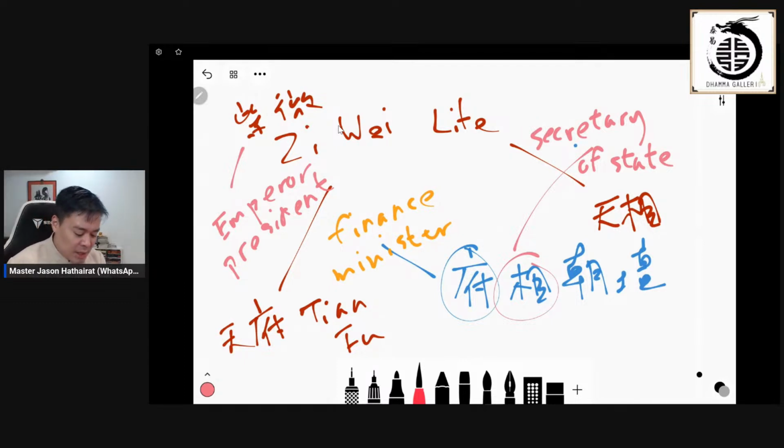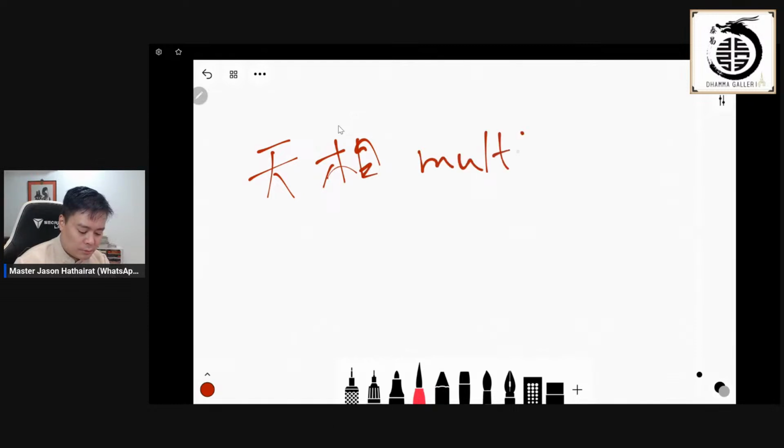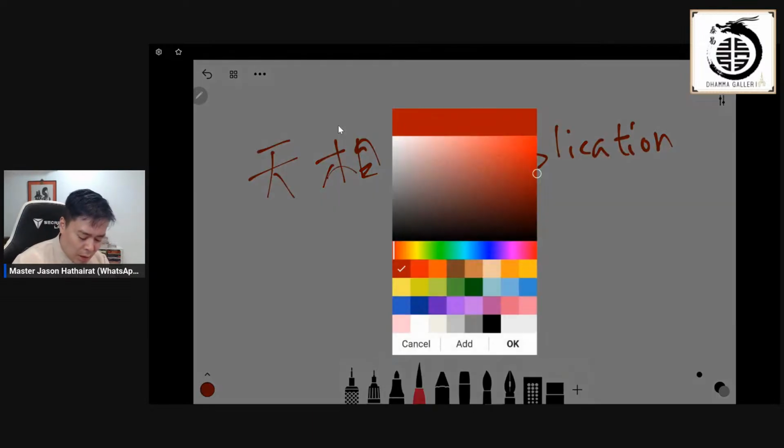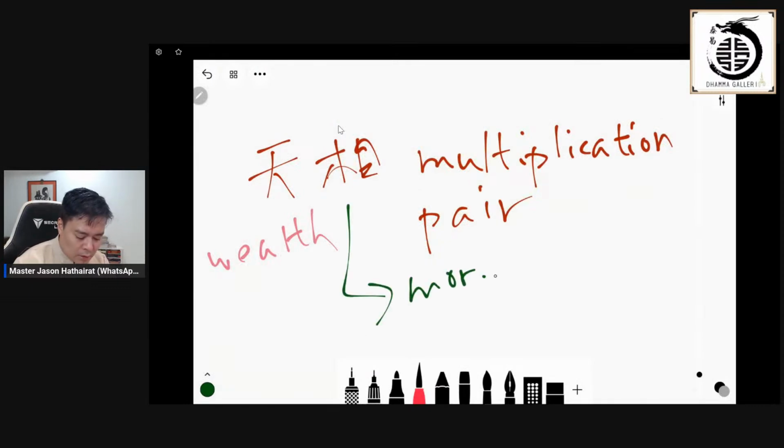And additionally, 天相 could mean multiplication. It means a pair, or in such a context where it is found in the wealth domain, it could actually mean that he has more than one source of income.